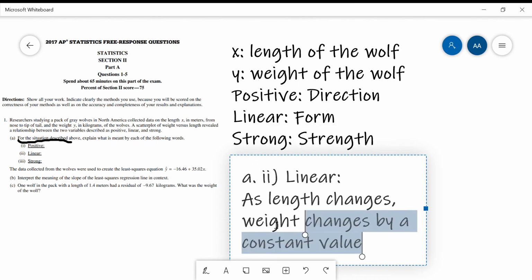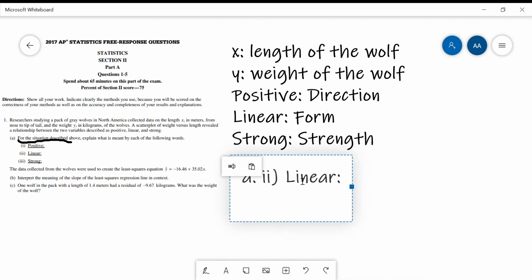And now that you have linear, we can try to define strong now. What does it mean when we say strong?